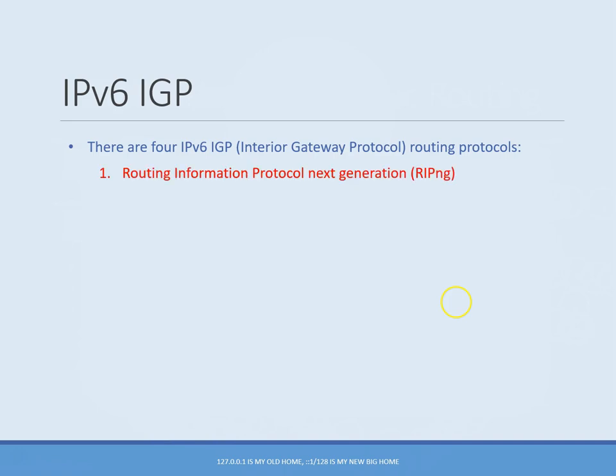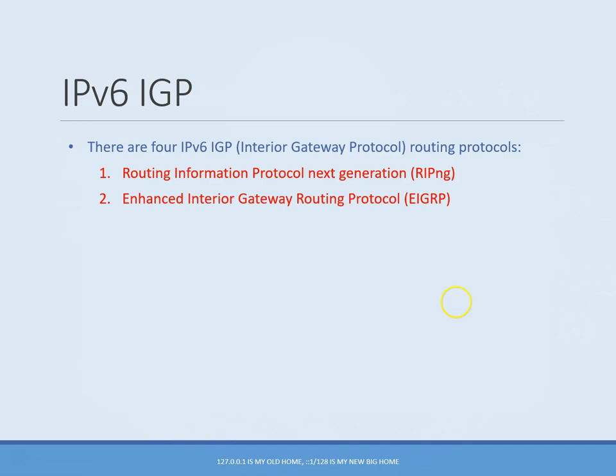Okay, now there are four IPv6 Interior Gateway Protocols which are commonly used in current networks. Number one, Routing Information Protocol next generation, RIP-NG for short.